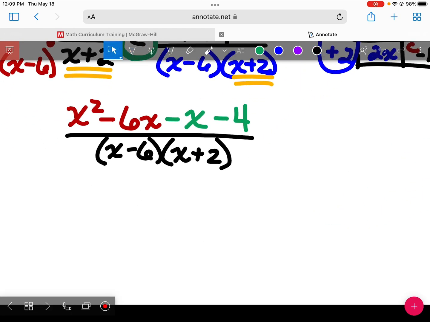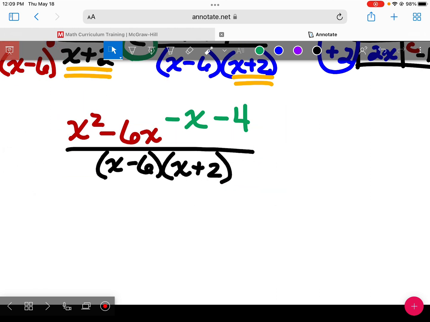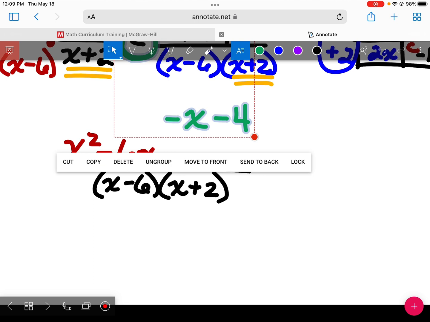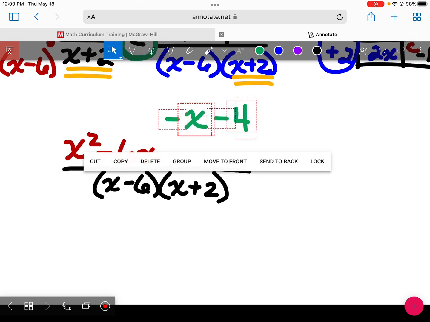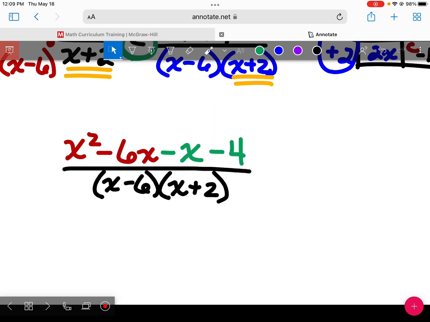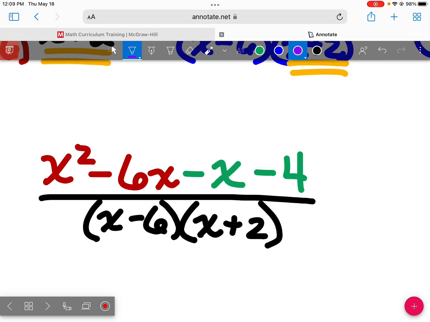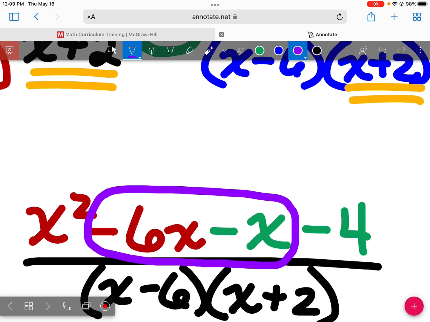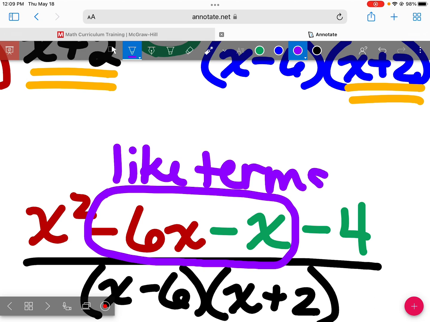We are almost done. Are there any like terms that I should combine? Which pieces are like terms? Negative 6x and negative x. These are like terms, so I need to combine them together.